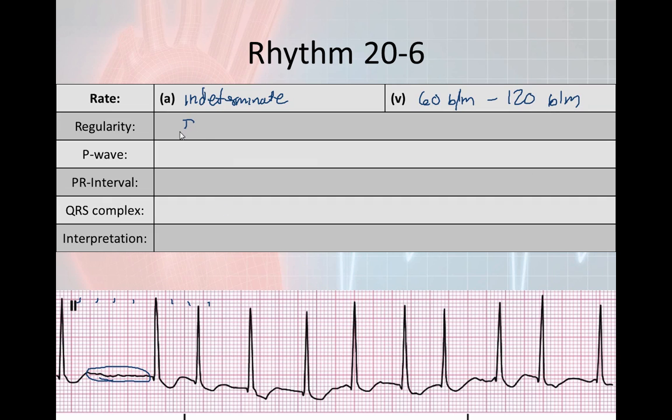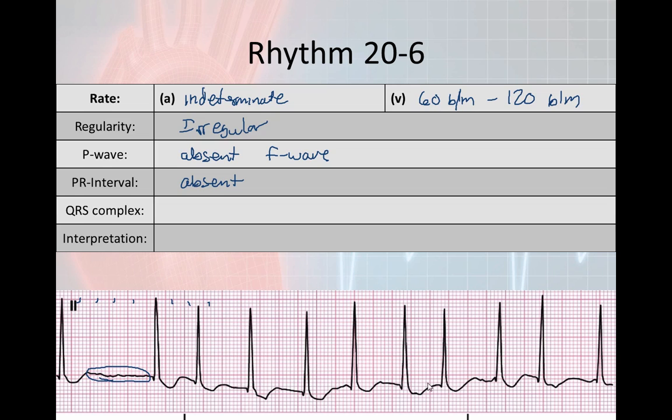Regularity, it's irregular. P waves are absent. PR interval is absent. We have F waves. Remember, lowercase f waves. QRS complex is looking not too bad. Let me see.